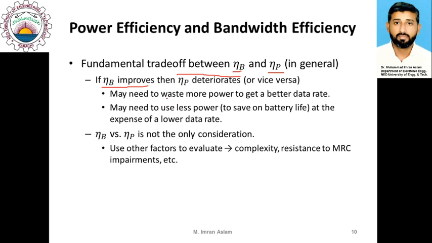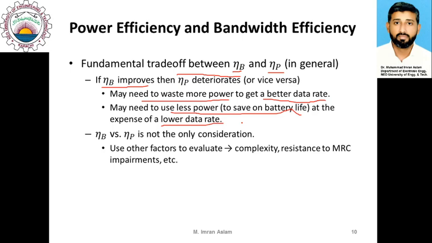Say, for example, if we want a higher data rate, we would be required to waste more power in the system. Or if we want to preserve power in order to save battery life, we may need to sacrifice some of the data rate.